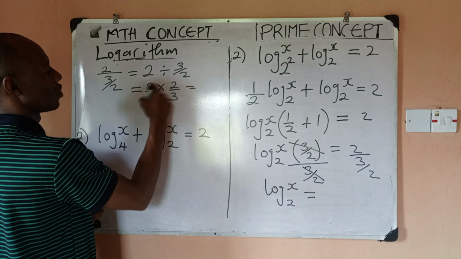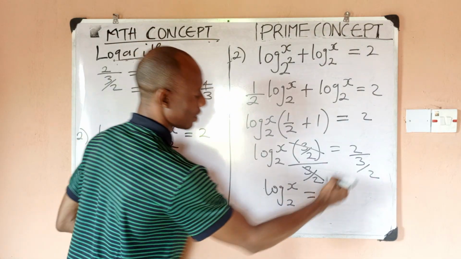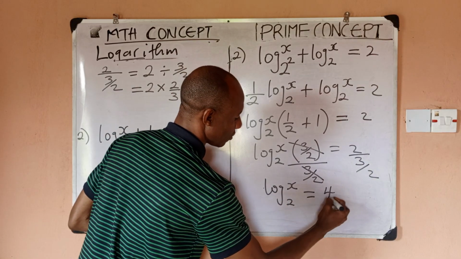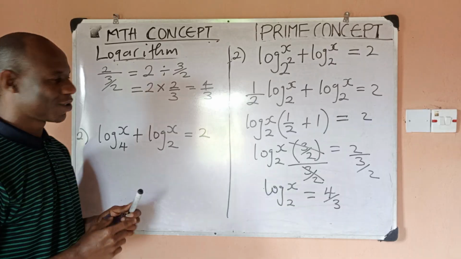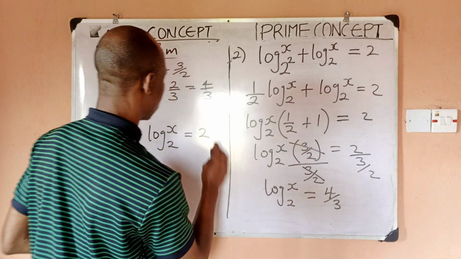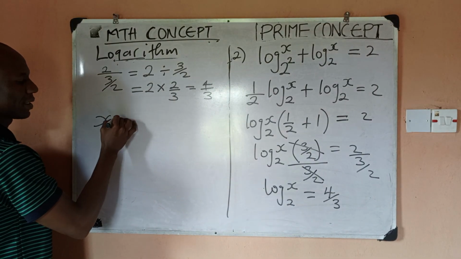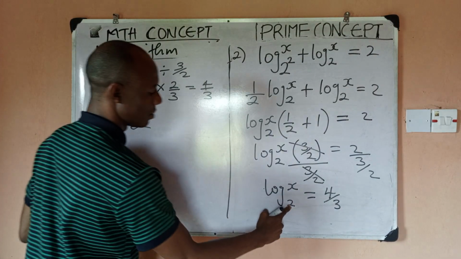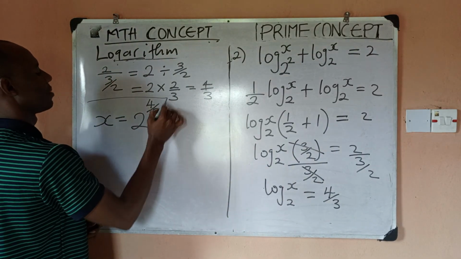So this is going to be 4 over 3. So that's what I'm going to write here. So this whole thing is 4 over 3. Now, I'm trying to find x. So what do you think I would do there? I will just use this 2 to raise this as a power. So what I would have is simply x equals 2, which is this base, raised to power 4 over 3. So this is my answer.